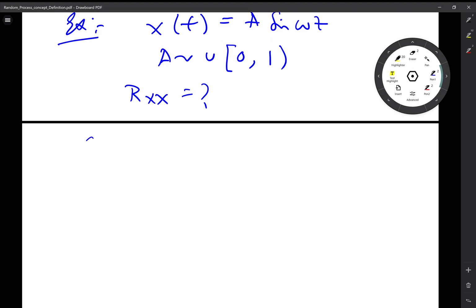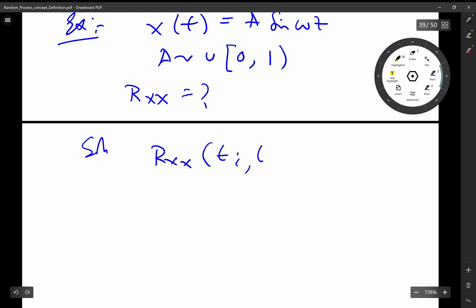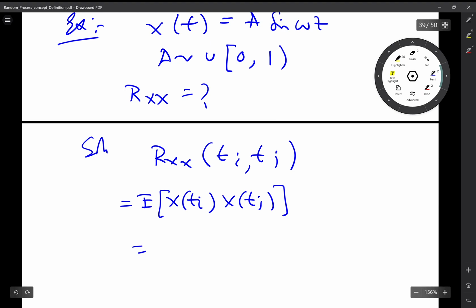So solution: Rxx(ti, tj) will be equal to E of x(ti) x(tj), which will be equal to E of A sine omega ti times A sine omega tj.